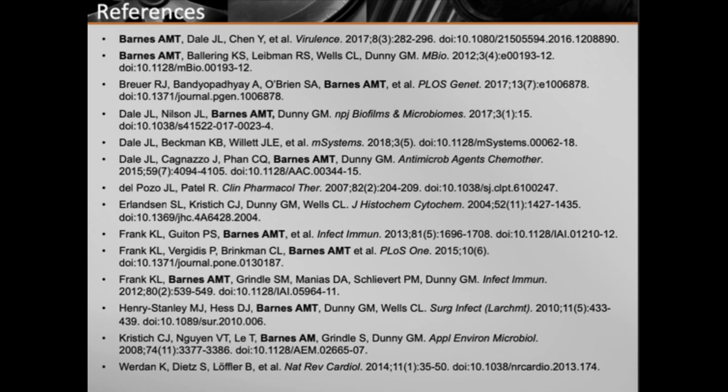And they've actually found that when you co-culture Enterococci and C. diff in the lab, the global phenotype of the C. diff totally changes.